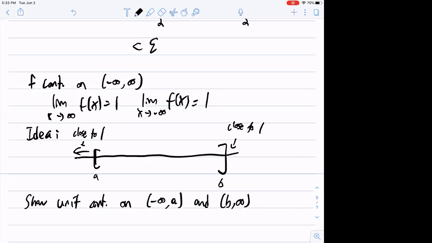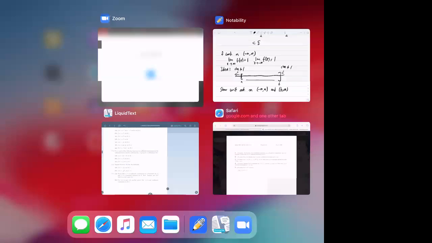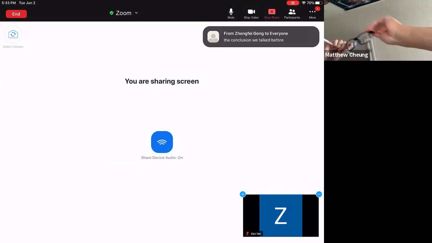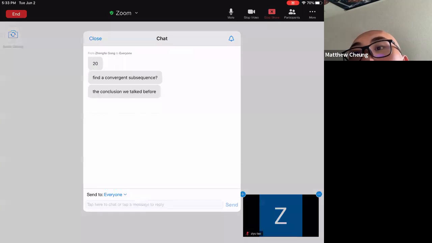So question, why do I not need to show uniform continuity here? Anyone? If you've been paying attention in the beginning of the discussion. Why do I not need to consider uniform continuity on a to b?